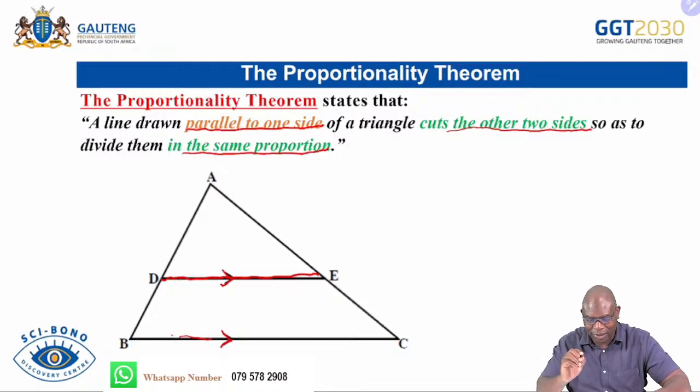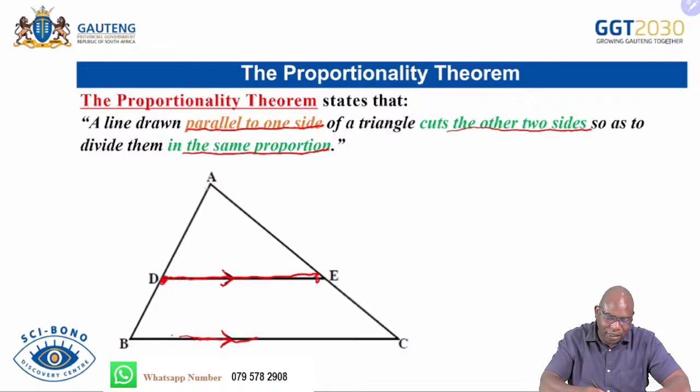Now let's go back to this. The line parallel to one side of a triangle cuts the other two sides so as to divide them in the same proportion. What does this mean? It means if this line is parallel to this line, the sides will be in the same proportion.